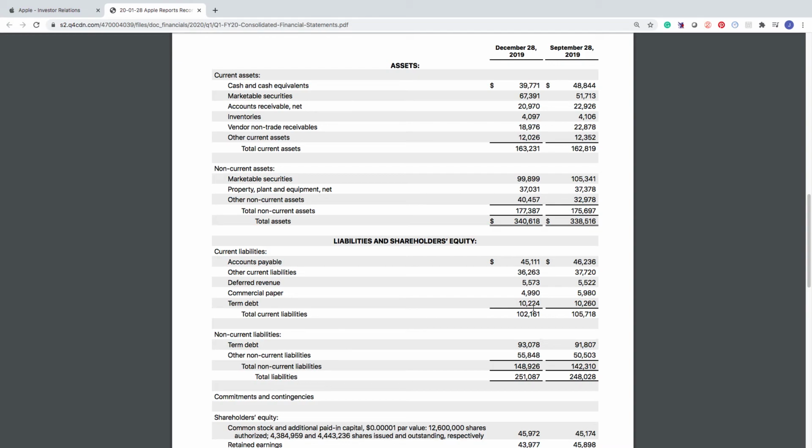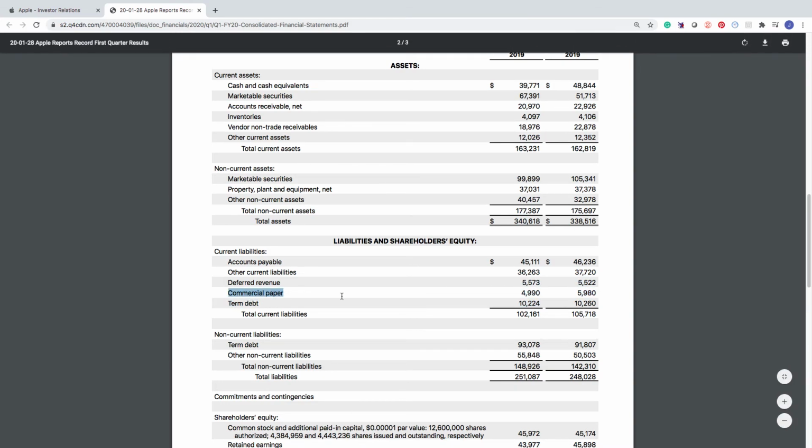Now, similarly, if we go into the liability section, we see that Apple does have a significant amount of debt. It's got commercial paper and term debt of about 15 billion, another 100 odd billion of non-current debt. So that's a huge amount.